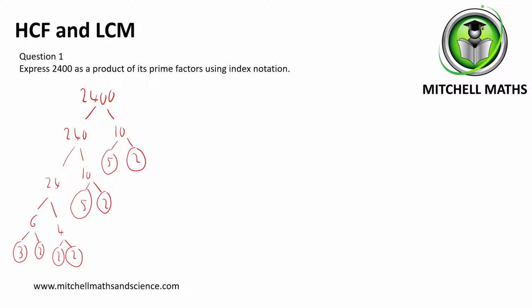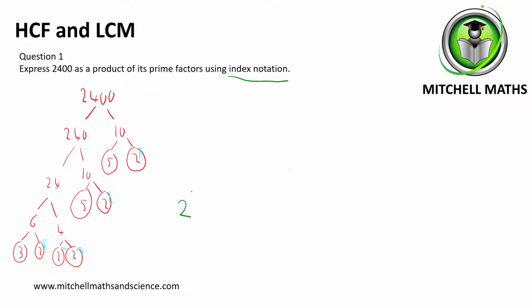So I'm going to count up how many 2's I'm going to need. In terms of 2's, I'll have 1, 2, 3, 4, 5. I've got 5 2's, I've got 1 3, and I've got 2 5's. So my answer would be 2, and because it's in index notation, I need to use powers rather than doing 2 times 2 times 2 times 2 times 2.